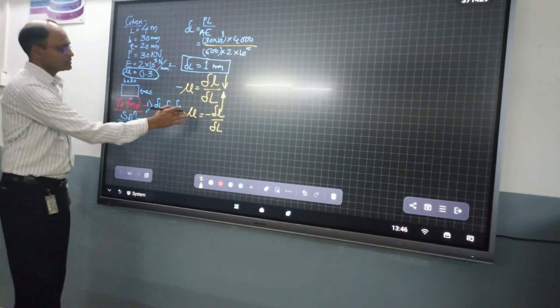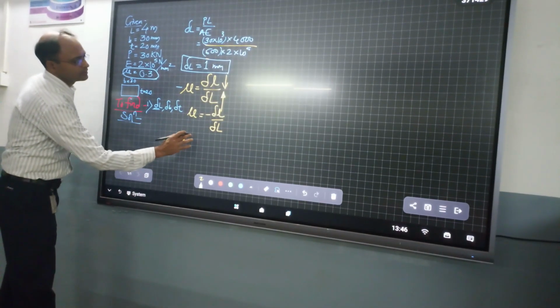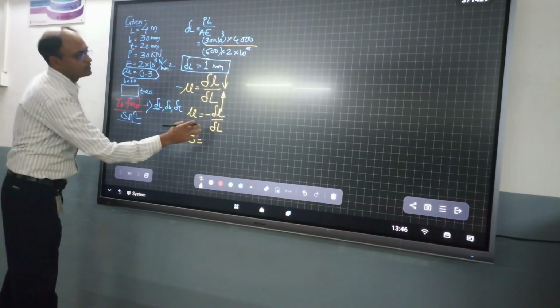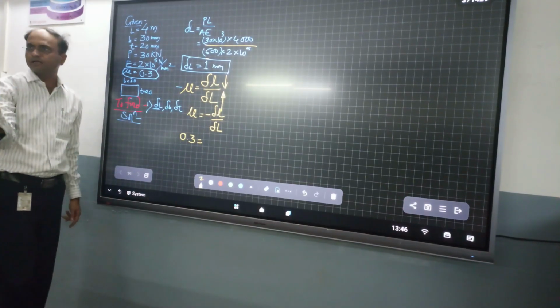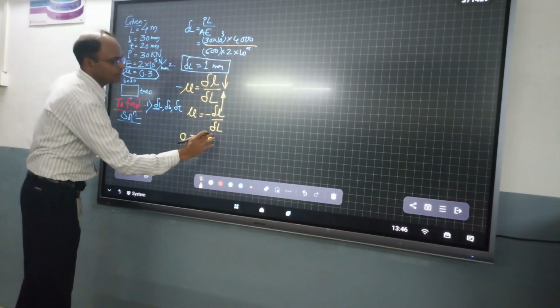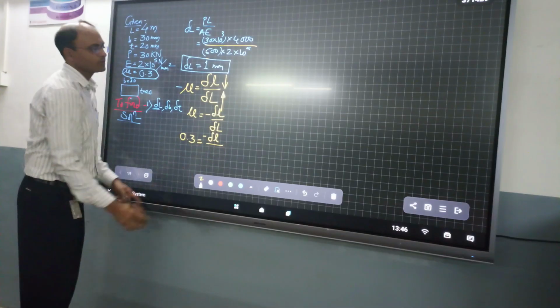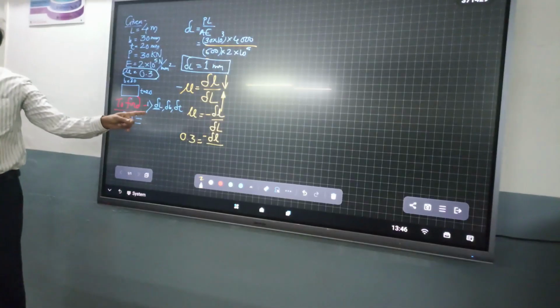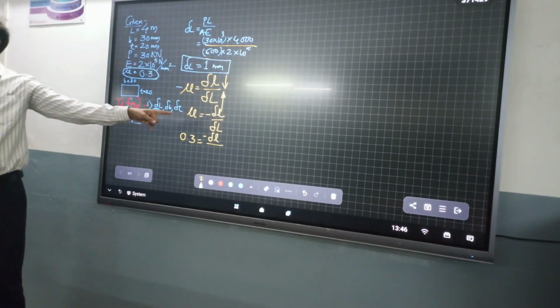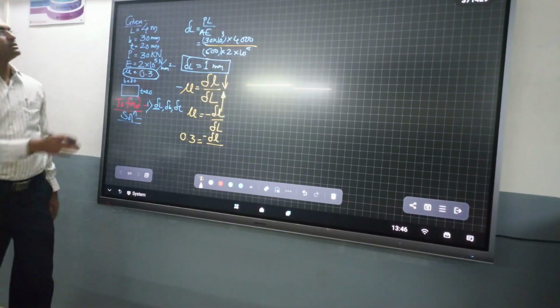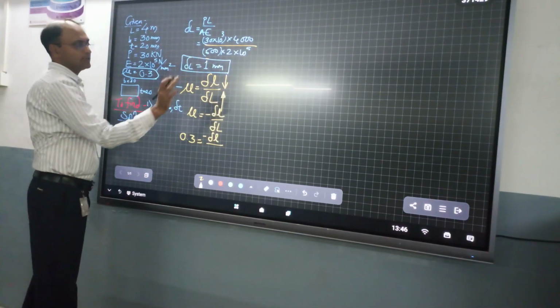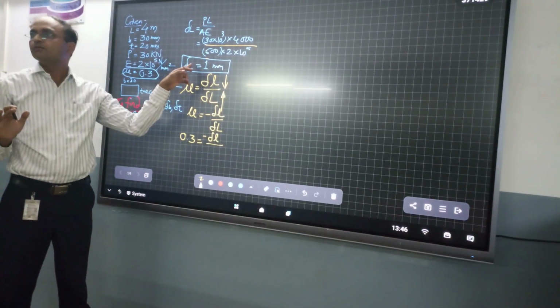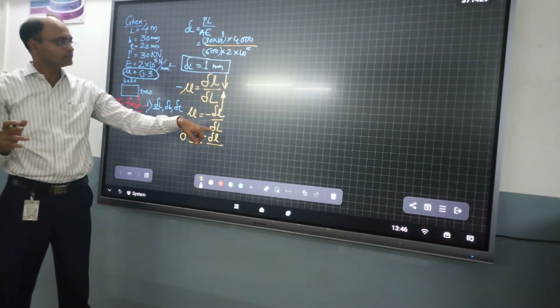Now you know this value, which is 0.3, equal to delta L, which we don't know, that we have to calculate. So minus delta L upon, what is delta capital L? Delta capital L is change in length upon original length. Now only delta L is known. We have to calculate delta.